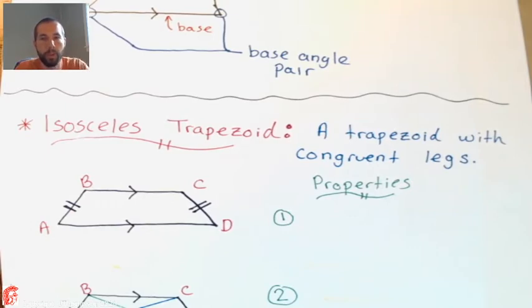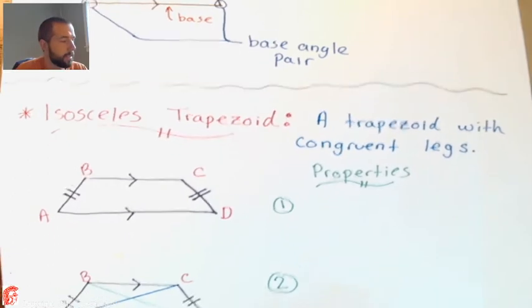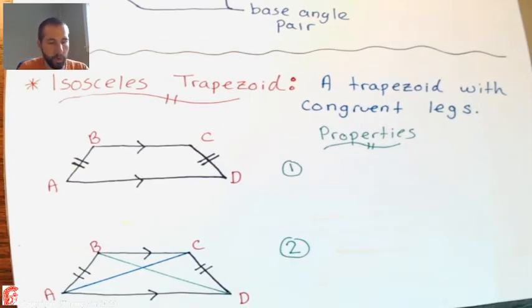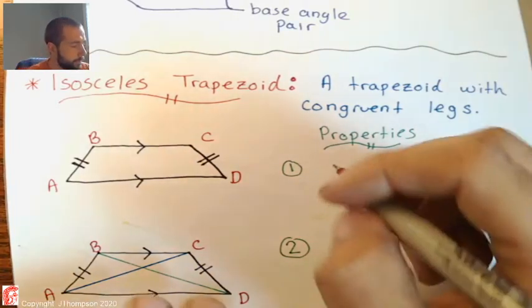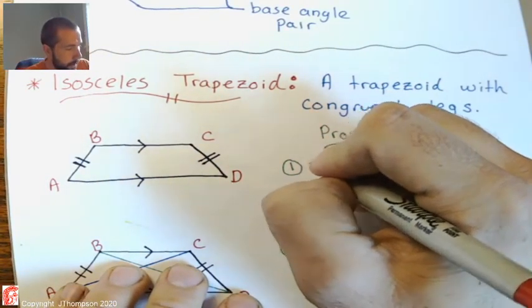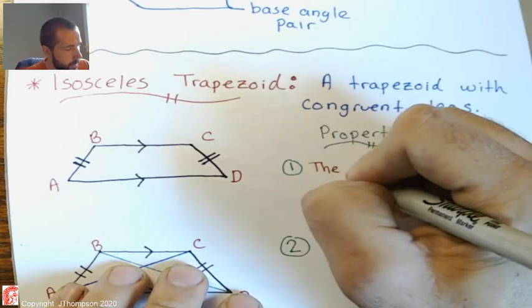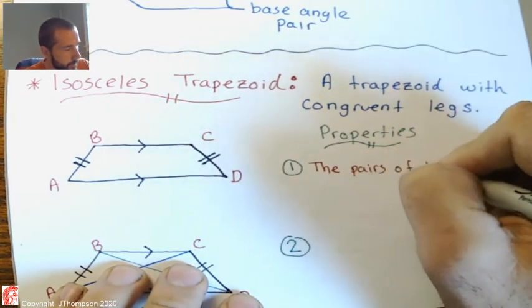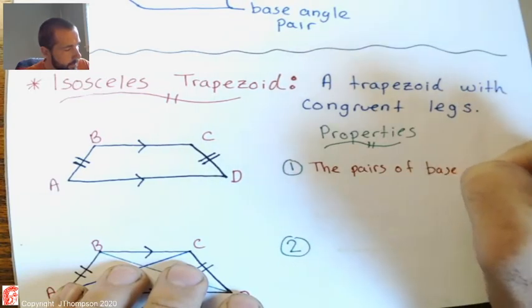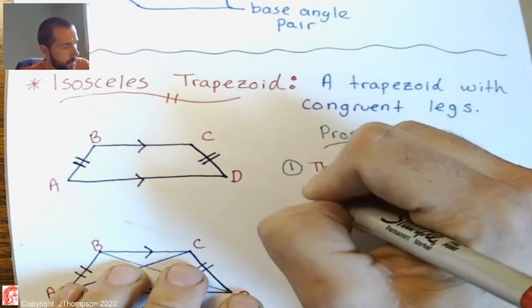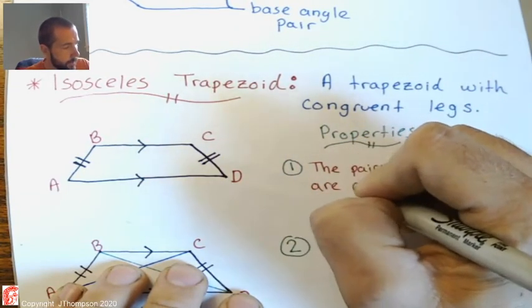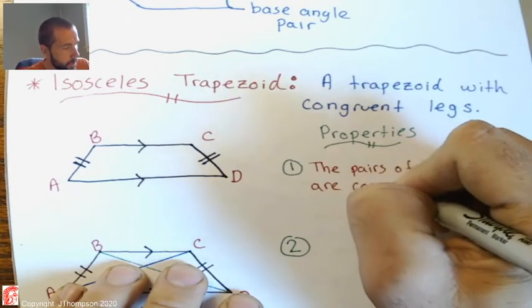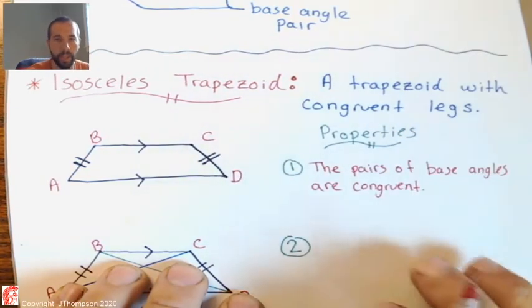Okay, so the special properties that an isosceles trapezoid has: the first one is that the base angles are congruent. So I'm going to put the pairs of base angles are congruent. And this is only true if it's an isosceles trapezoid.